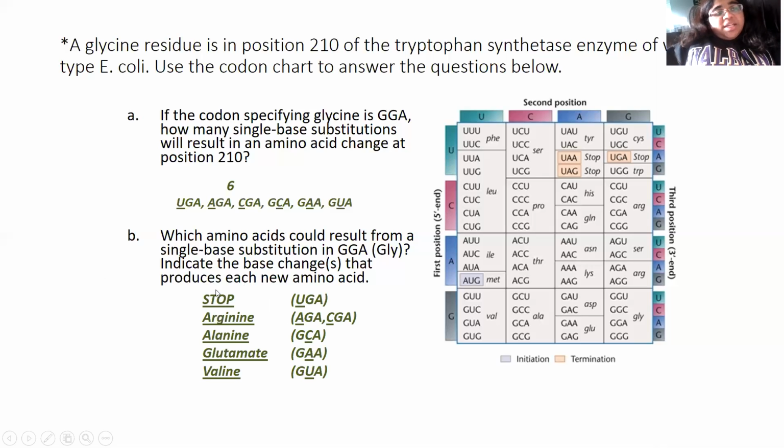So that's how you continue into asking which amino acids are actually involved if a single base substitution occurs. UGA is this guy, these guys are arginine, this guy is alanine, these two are glutamate and valine. So that is how you would understand how that would go, right?